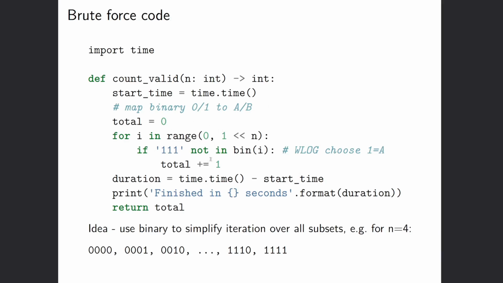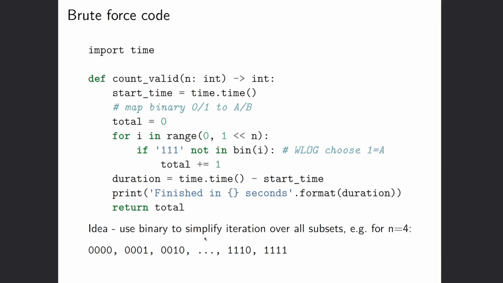The way we'll do this is by using some little bitwise logic. We'll start at 0 and then go up to 1 less than 2 to the n. Then we'll check whether the string contains AAA, where without loss of generality we're choosing to say that 1 equals A here. We'll sum up all those strings into the total and return that.